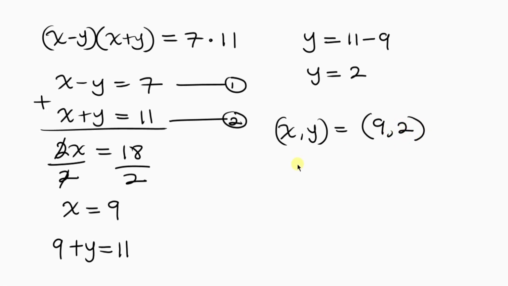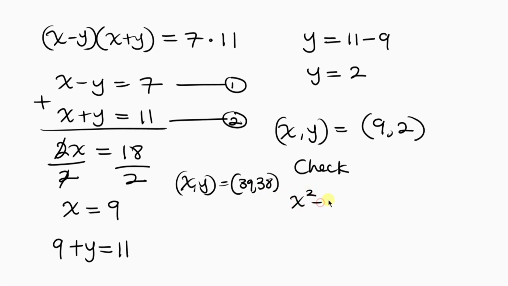So now let's check. Our first set of values, we have x and y to be equal to 39 and 38. Our given question is x squared minus y squared equal to 77. So x squared is 39 squared, minus y squared, that is 38 squared.